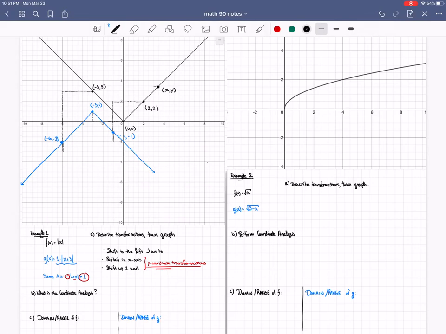So that's 1, 2, 3. Notice at this moment we've only impacted the x-coordinate. So the x-coordinate is now x minus 3. The y-coordinate has stayed the same. If you want, you can even label the interim. So this is (x minus 3, y).